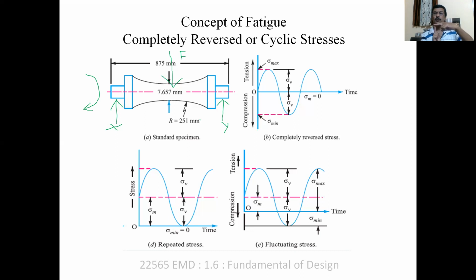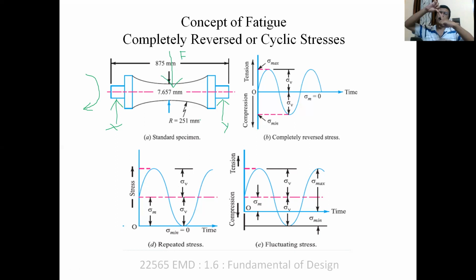Such type of stress is repeated stress. If this is so, then there is a change in the sign. But if I take the bottom side only, this is a repeated stress. In this repeated stress, you will find that stress is having the same nature, compression or tension. And fluctuating means I am taking this down and some part up.